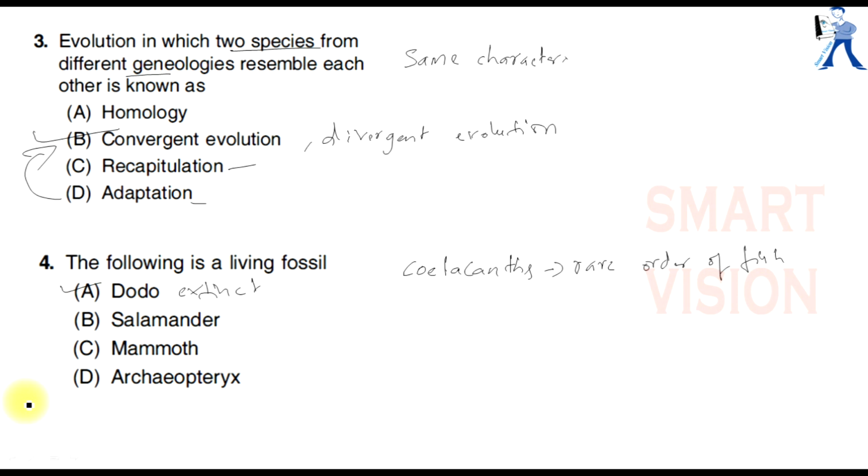Then salamander is a living fossil; it looks like a lizard. And mammoth is the elephant ancestry. It is also an extinct organism, and now you can only see it in Ice Age animated movies. And Archaeopteryx is also an extinct organism, a bird-like dinosaur.